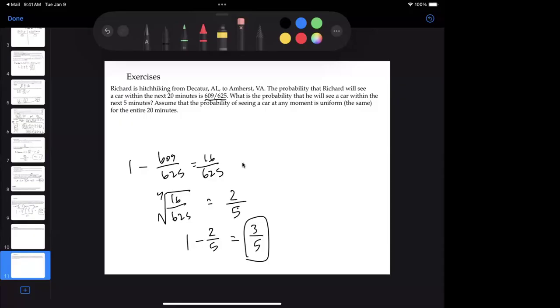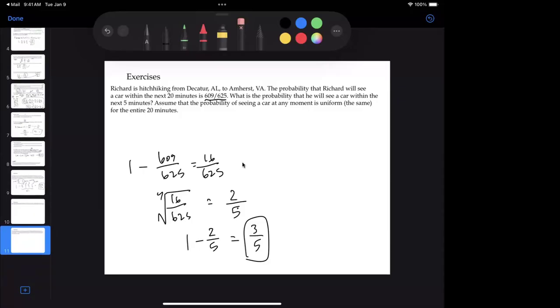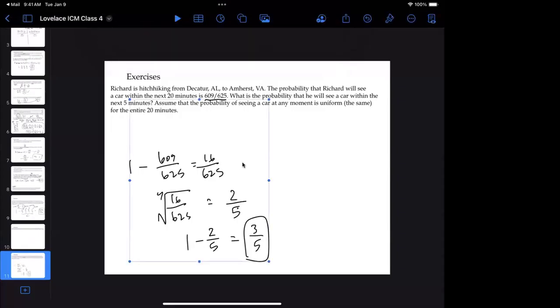To go backwards, we just take the fourth root of that and get 2/5. And then we want the probability of him seeing a car in 5 minutes, so we subtract that again from 1 to get 3/5. Great.